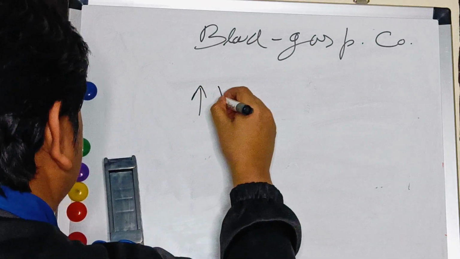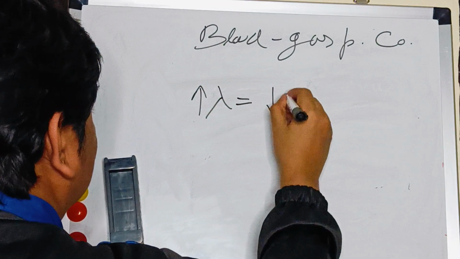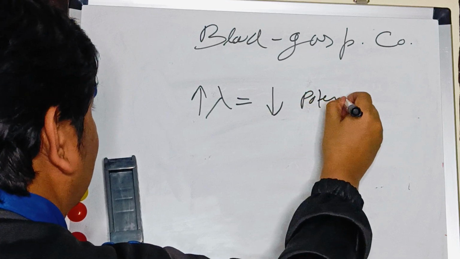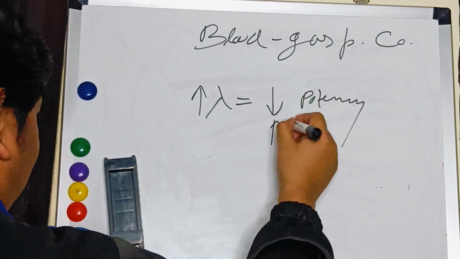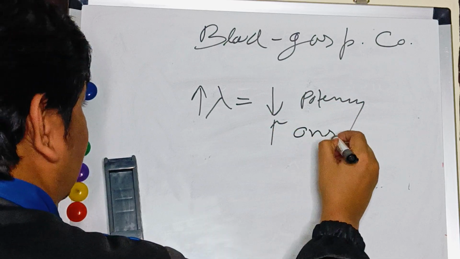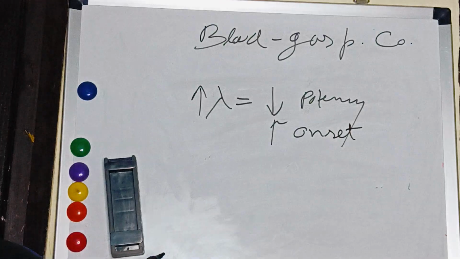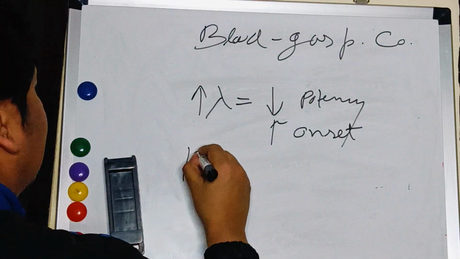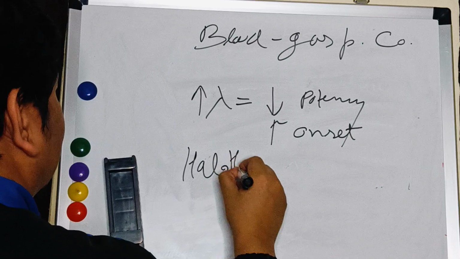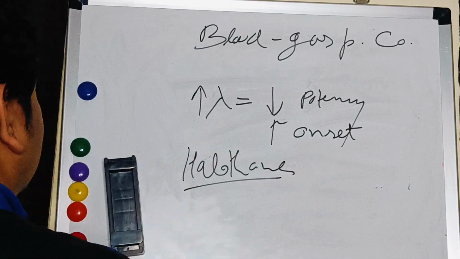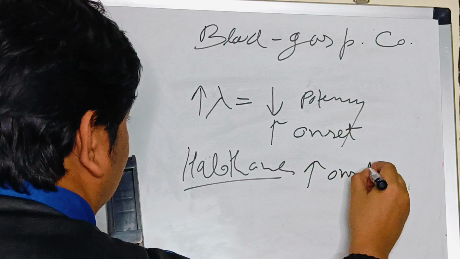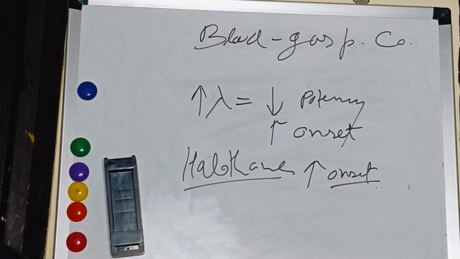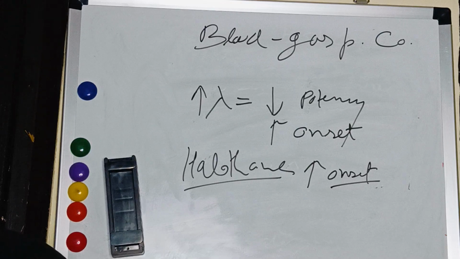So high lambda means less potency and takes time for action onset. Halothane is an example for that. So it takes time for onset and its removal also takes time.